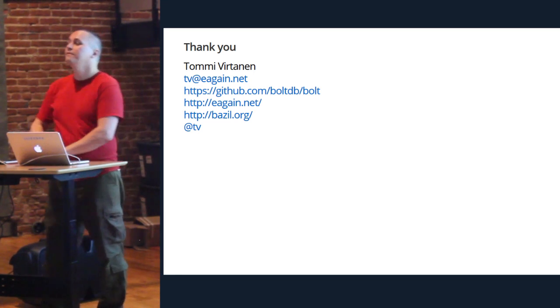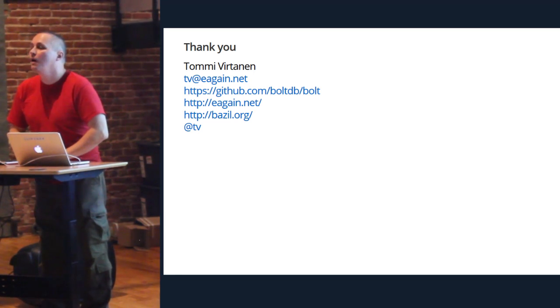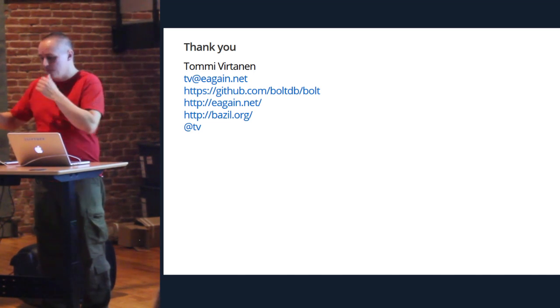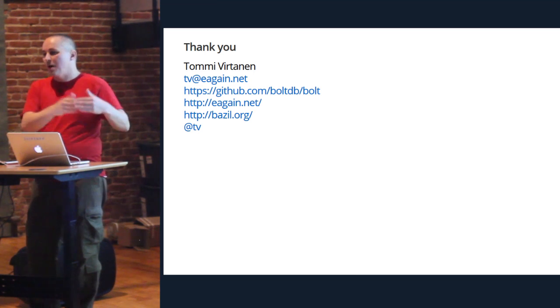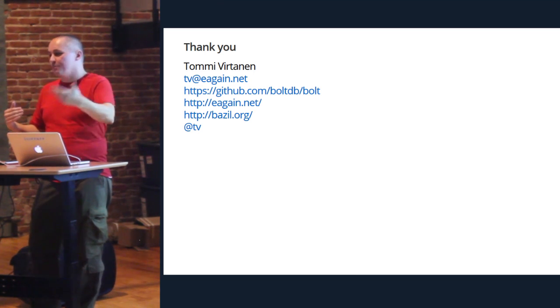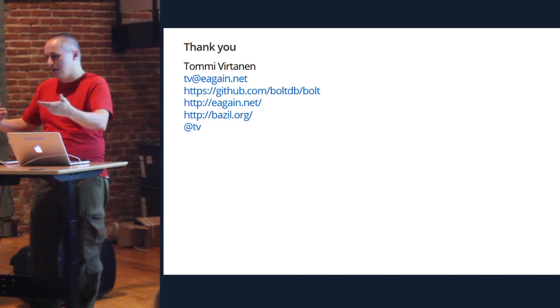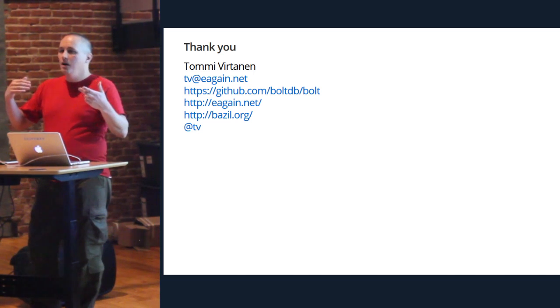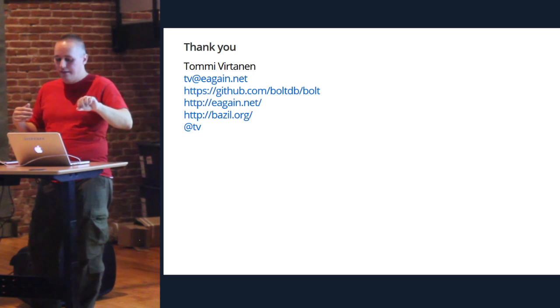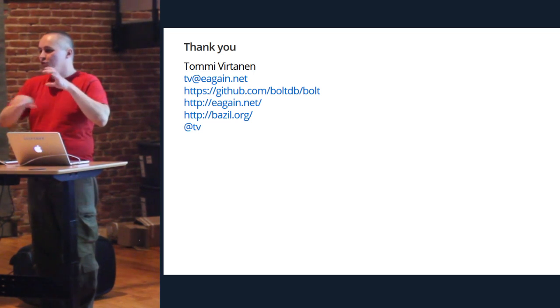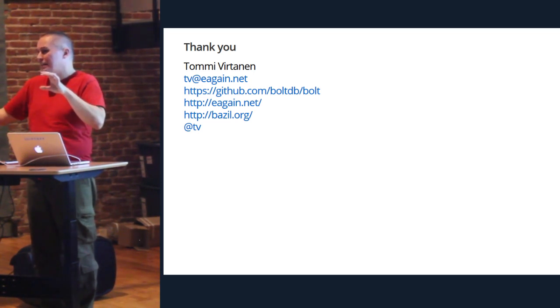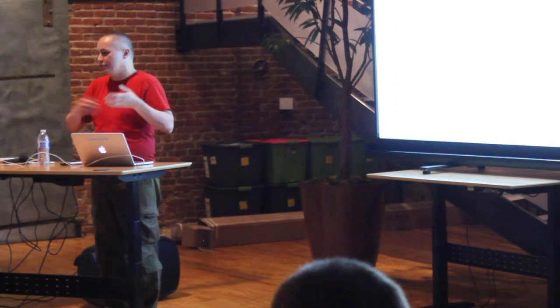Yeah, in the back. Is there a mechanism to do a backup and a restore? Good question. Yes, of course there is. If you read the database file from outside the process, it can change from underneath you, so that's not a safe way to do a backup. What Bolt has in the library is a function that writes a snapshot copy of the database to an IO writer.